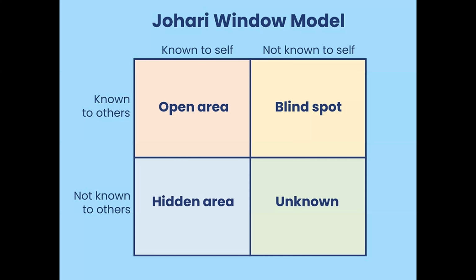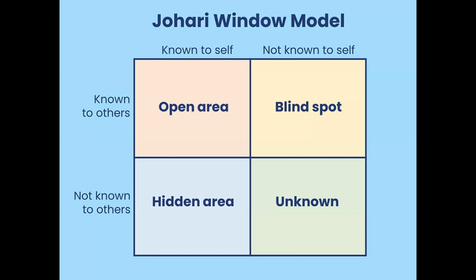So what we're looking at here in two axes is four boxes. The boxes are the open area and the blind spot along the top, and below them, bottom left, hidden area and unknown. The two axes are simple and straightforward. Not known to others, known to others.